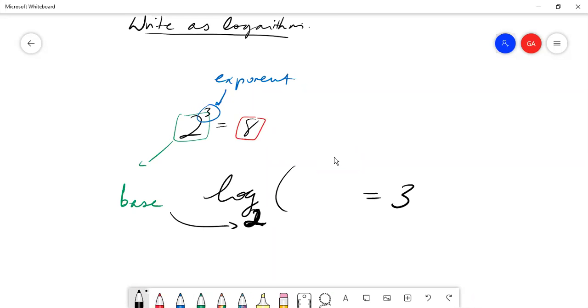And what does the log eat? The log eats the right-hand side of the exponential form, and that's 8. I should have really used colors here, but I think you all can see what's going on. Does this make sense, how I got from here to here? This is just notation, and it's really all about getting familiar with rewriting the notation.